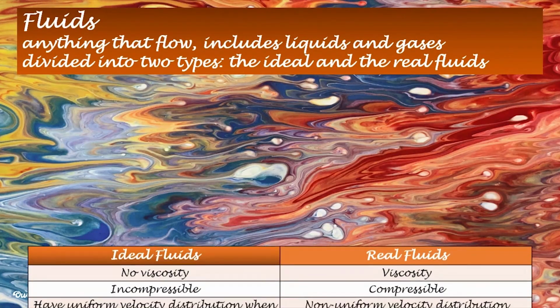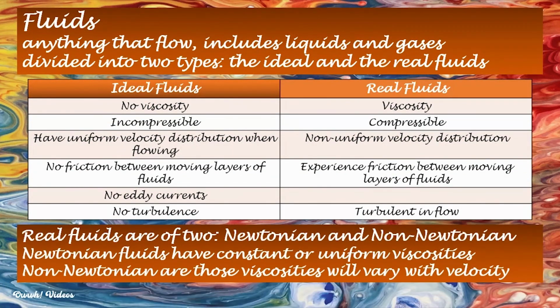Fluids. Anything that flows, including liquids and gases, is divided into two types: ideal and real fluids. Ideal fluids have no viscosity, are incompressible, have uniform velocity distribution when flowing, no friction between moving layers of fluids, no eddy currents, and no turbulence.